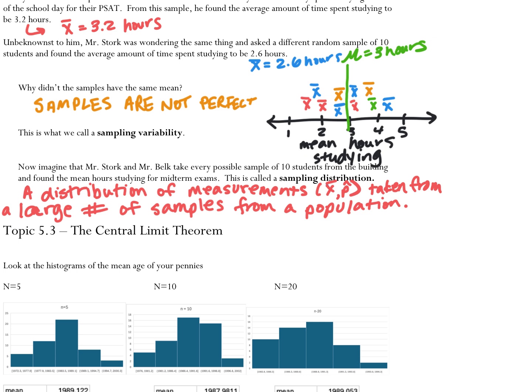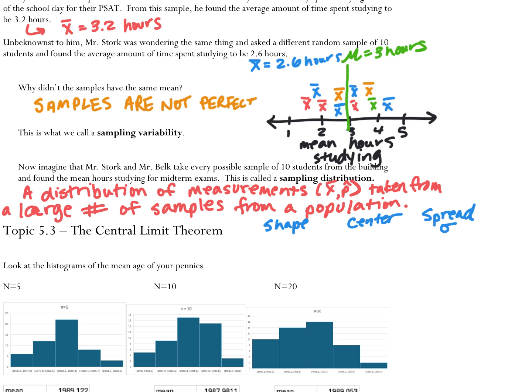Now, some things we're going to pay attention to: if it is a distribution, it has a shape, a center, and a spread. The spread is the sampling variability that we're going to measure using something similar to a standard deviation.